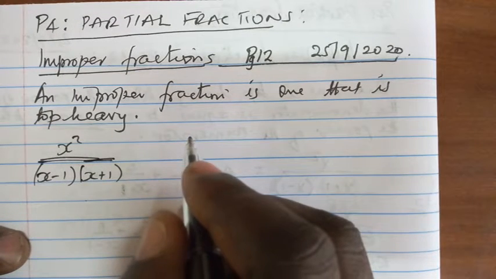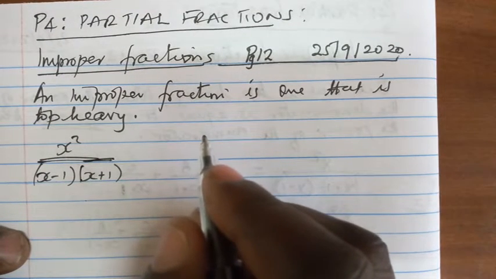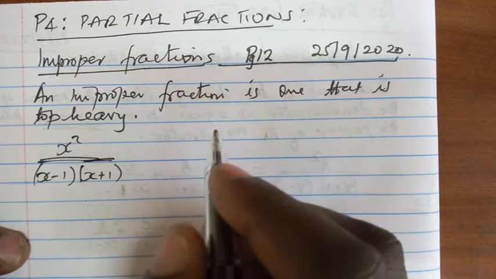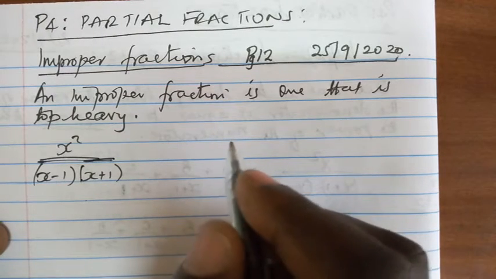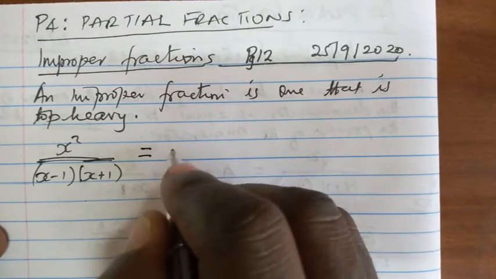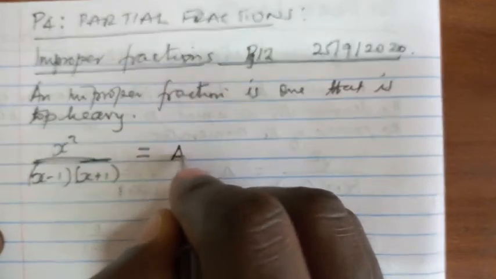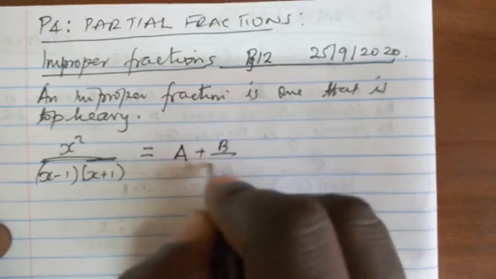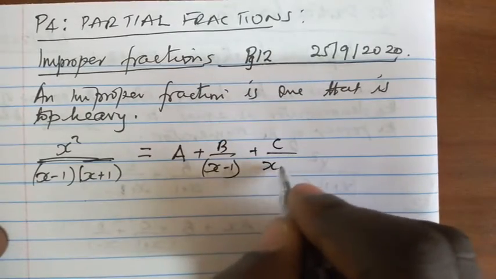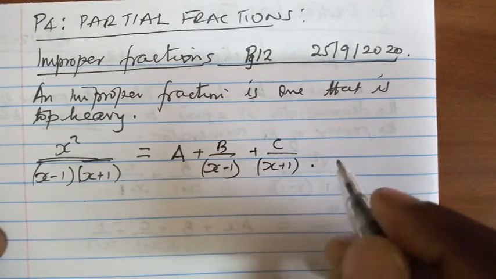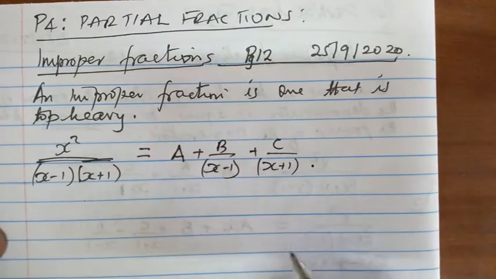When x squared is divided by x squared, we should get a constant. So this should be written as a constant a, plus b over x minus 1, plus c over the second bracket x plus 1. That should be the approach.